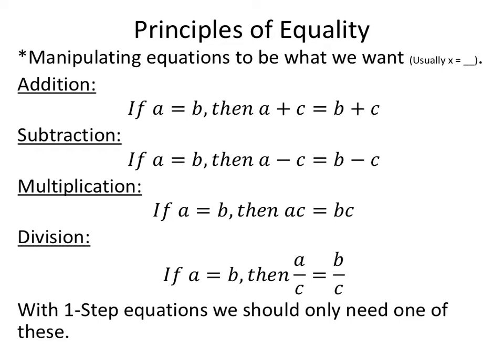Again, whatever you do to one side of the equal sign, you need to do it to the other side of the equal sign. But again, also the manipulating thing. Just like we saw in that last section, we're manipulating things all the time, right? Whether it's with distribution, whether it's combining like terms, or isolation of variables, which we use the principles of equality to do.